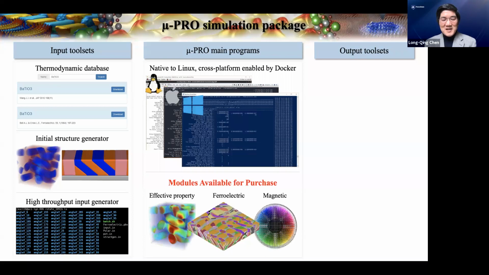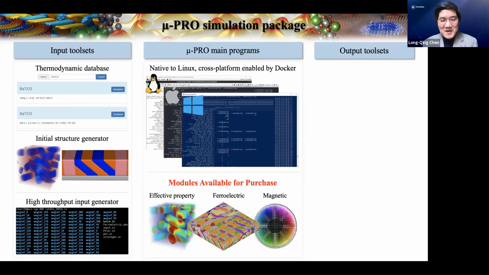And so far we have modules for doing ferroelectric domain modeling and magnetic modeling. This magnetic module is very similar to a lot of those micromagnetic codes out there. The main difference is that we also couple with the mechanical strain energy contributions, which can also be coupled with the ferroelectrics. And we also have a module which can do effective property calculation.